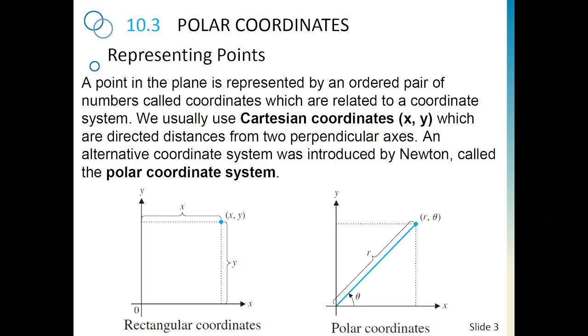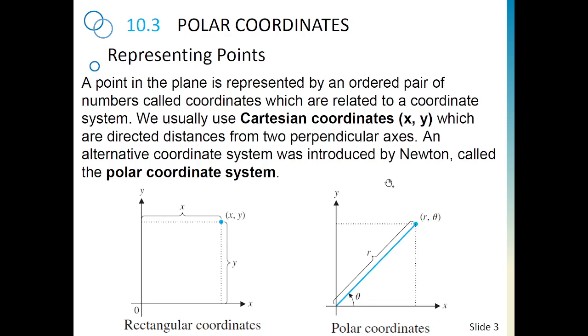So we know that we have a rectangular coordinate system, also called the Cartesian coordinate system. Essentially, a point in 2D is given by its coordinates x and y. Now what we introduce here is a polar coordinate system.